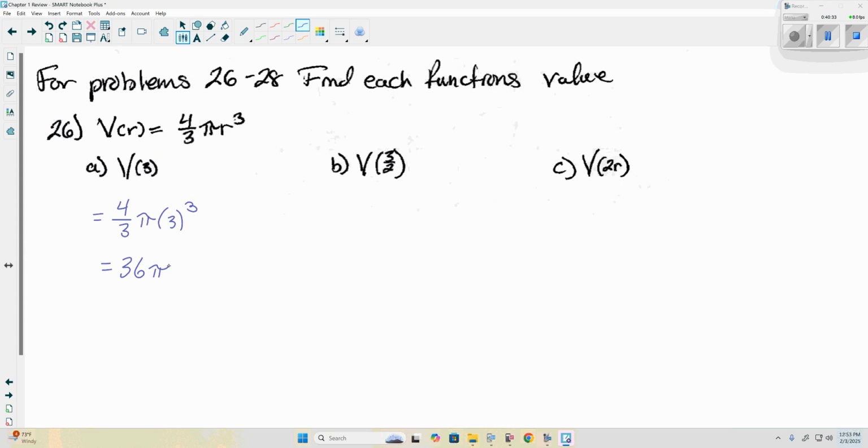The reason we can do this here is a little bit nicer. It's 3 squared. 3 times 3 is 9 times 3 is 27. When we multiply it by 4/3, well, 27 divided by 3 is 9. 4 times 9 is 36.